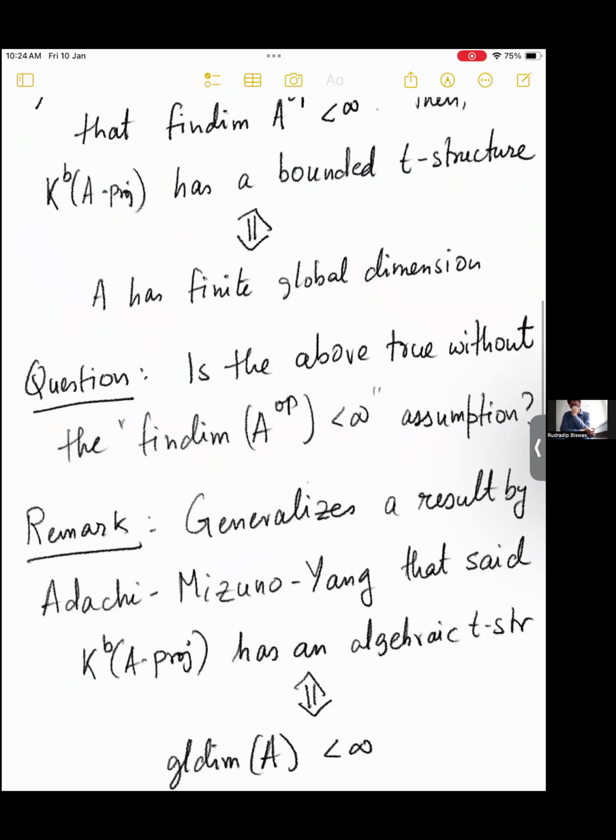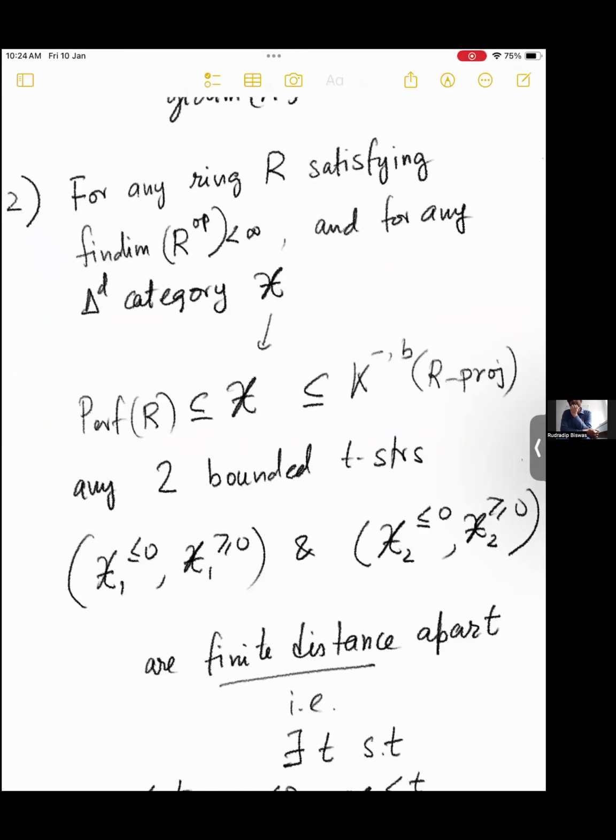Another thing follows from the second bullet point from the purple box. If I have a normal ring, it is possible, as all of you know, I'm sure, to define small finitistic dimension of any ring. If I know for an associative ring with identity that its opposite ring has finite small finitistic dimension, and then if I take any category between perfect complexes and, well, I wrote here K^-,b of projectives, but if you take R to be, say, left coherent, you can write D^b(R-mod), any triangulated category lying between perf and D^b will have exactly one equivalence class of bounded T structure.